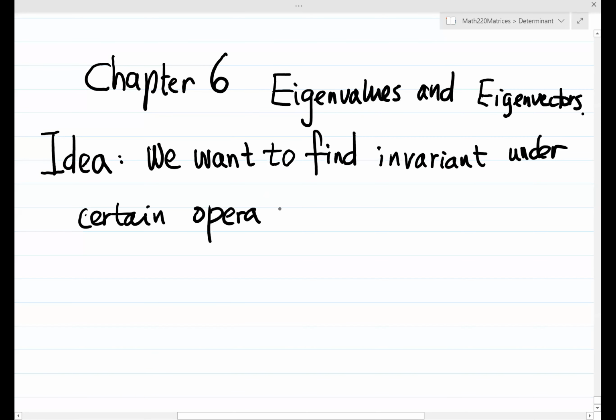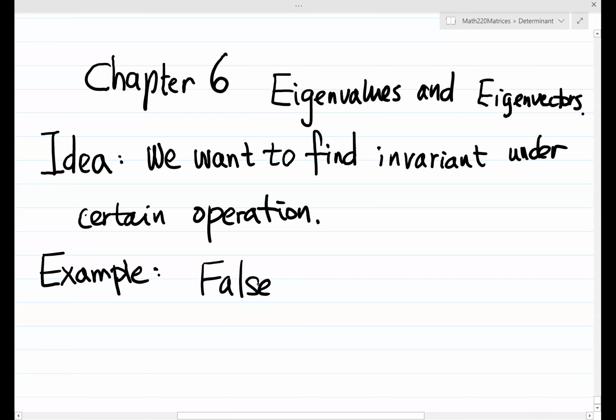This has many applications. Let me give you one example. If you go to a casino and go gambling, you should know about this: force shuffles.